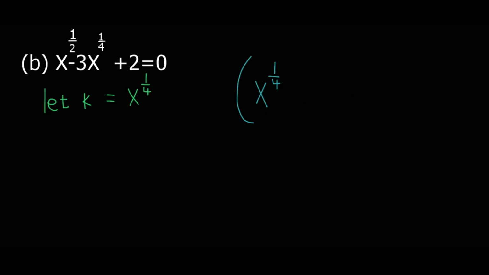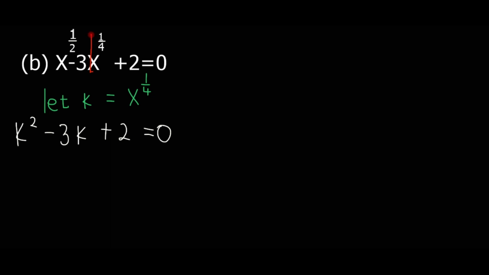So from there we substitute: k squared minus 30k plus 2 equals 0, because really this is k, where I put k, and this one is k squared. So that is why I have k squared minus 30k plus 2.